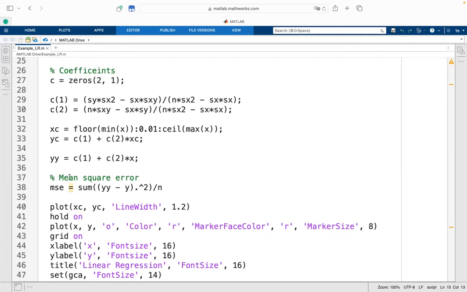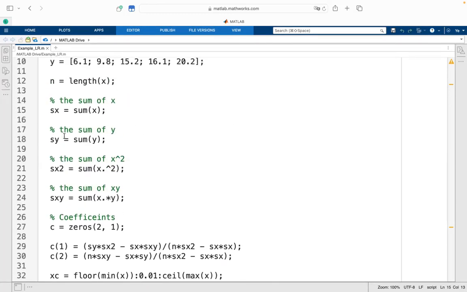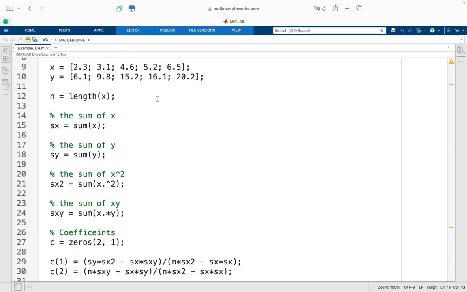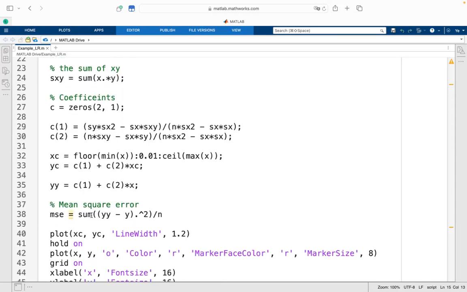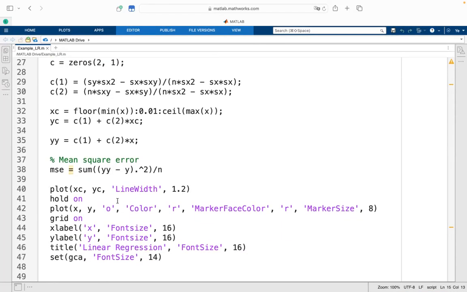Then we calculate the mean square error between YY and Y. So this is the original data. So the sum of YY minus Y squared, then divided by N. Okay. Then plot the first one, we plot XC, YC. This is a straight line with line width 1.2. Then hold on, then plot the original data.